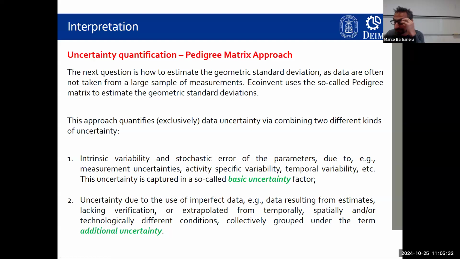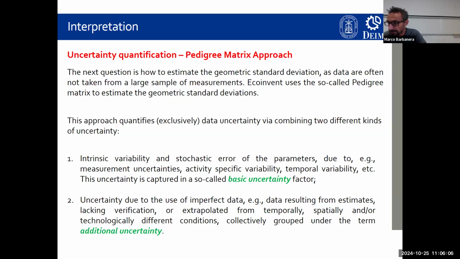So we have seen the two different types of uncertainties: basic uncertainty and additional uncertainty. About the basic uncertainty, we have said that this basic uncertainty is typical for primary data.